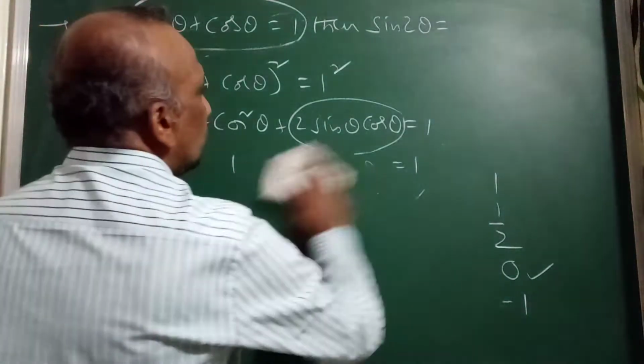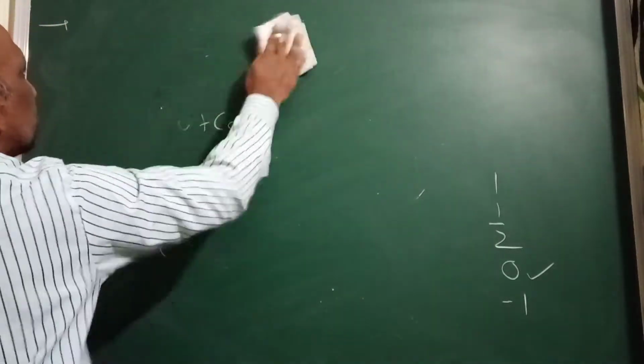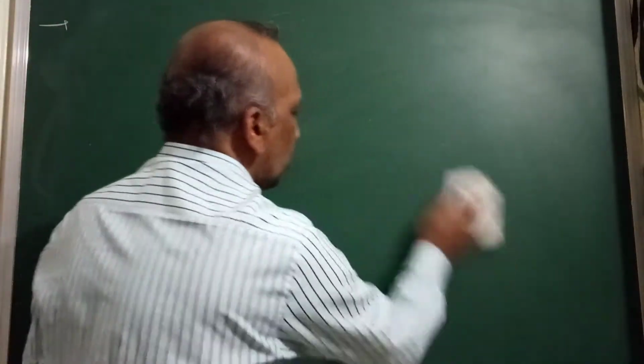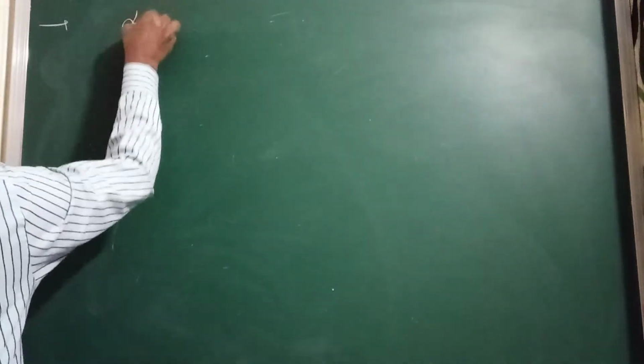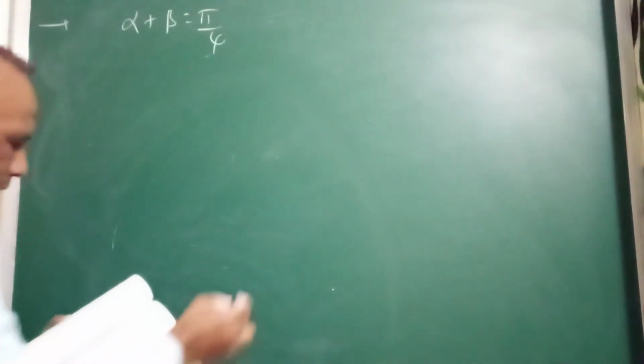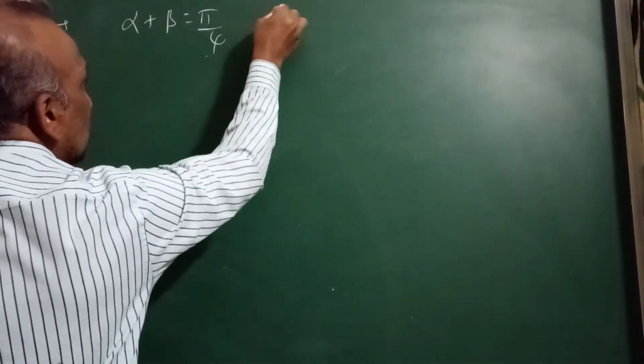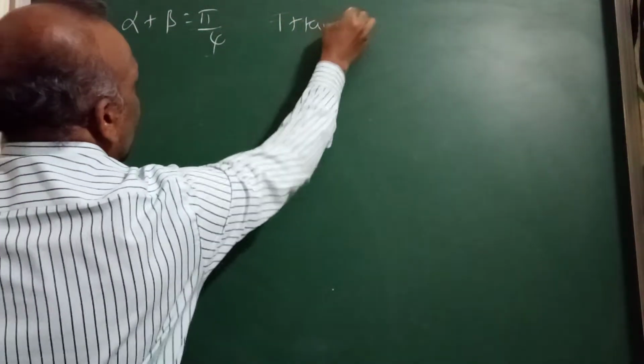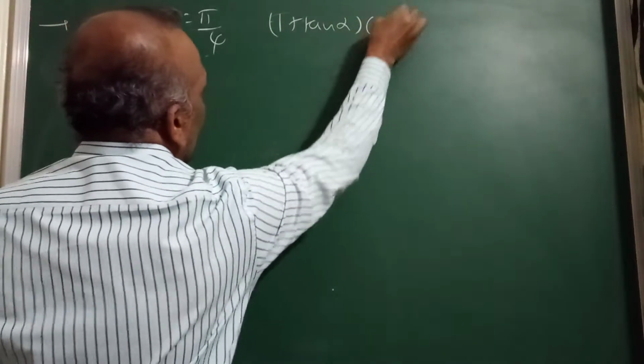Now see the next problem. If alpha plus beta is equal to pi by 4, then they are asking the value of 1 plus tan alpha into 1 plus tan beta.